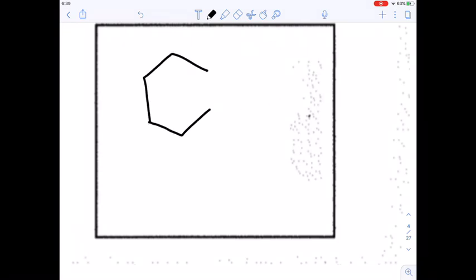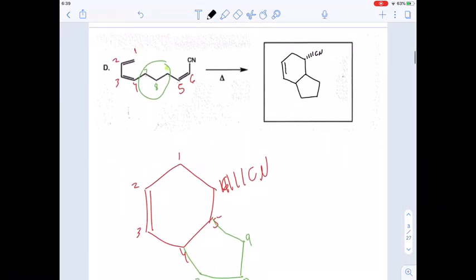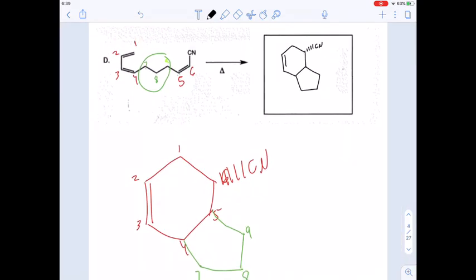So just make sure that you're careful about that and you practice these a couple times. All right, so redrawing the product neatly. It's going to look like that.